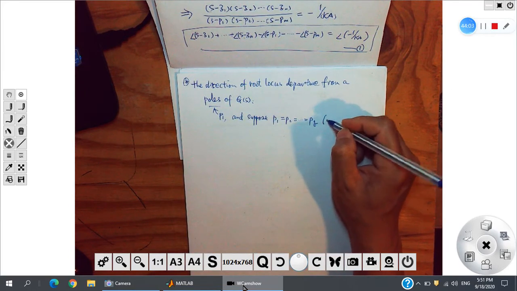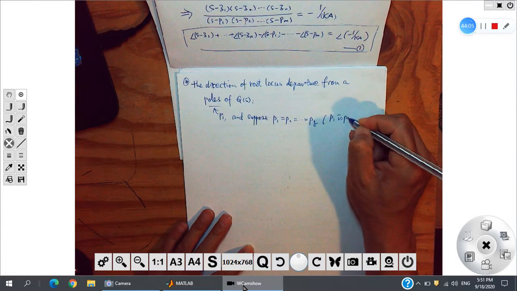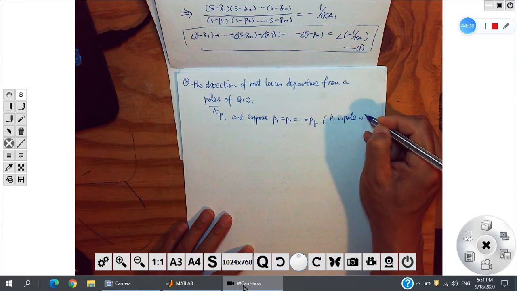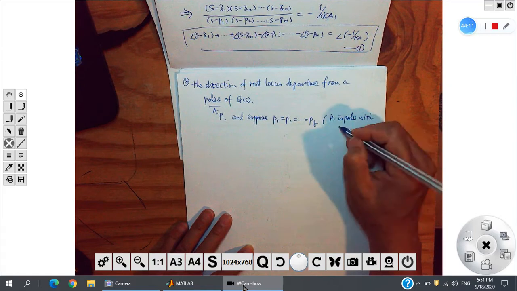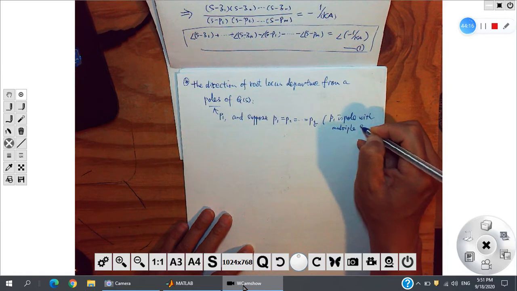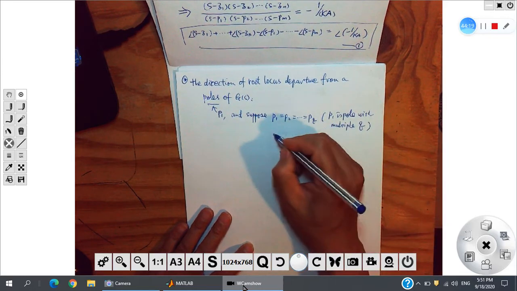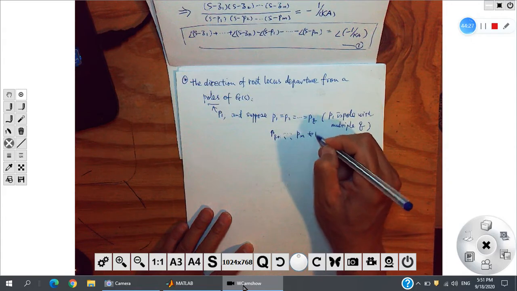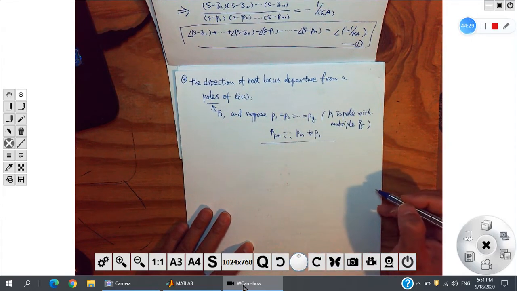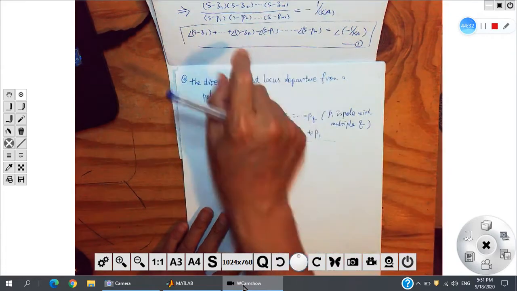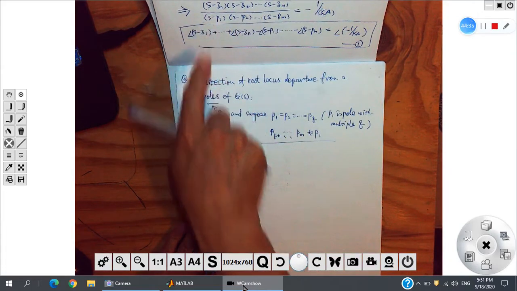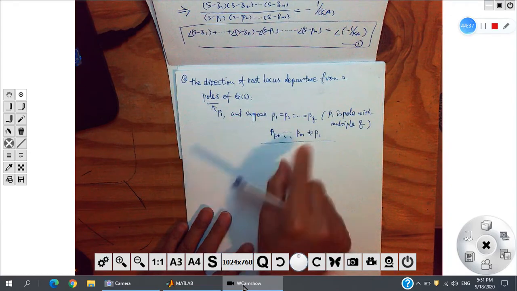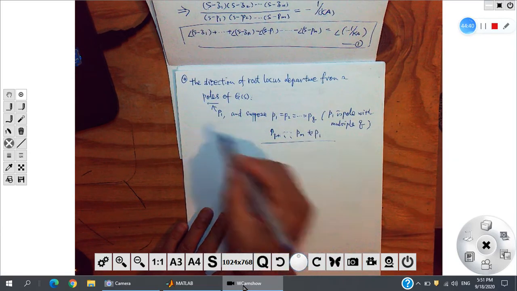That means this pole P1 is a pole with multiplicity Q. Suppose Q, and all the rest, PQ plus 1 until the last one Pm, do not equal P1. We suppose the first ones, P1 to PQ, are all the same, and the others are different. And suppose like this case.